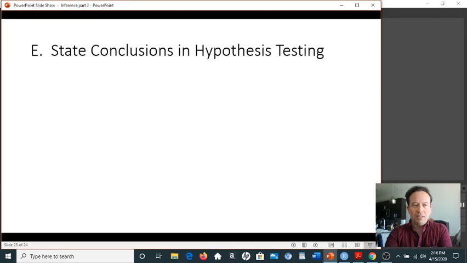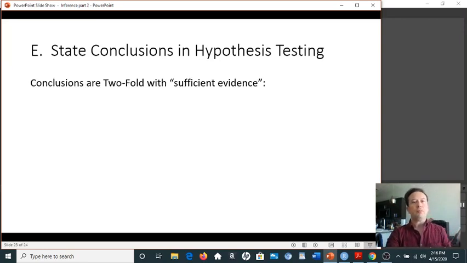All right, E, stating conclusions in hypothesis testing. This is kind of going back to the correct conclusions and the incorrect conclusions. But aside from whether they're correct or not, what conclusions do you make from that? First, conclusions are twofold, with sufficient evidence.